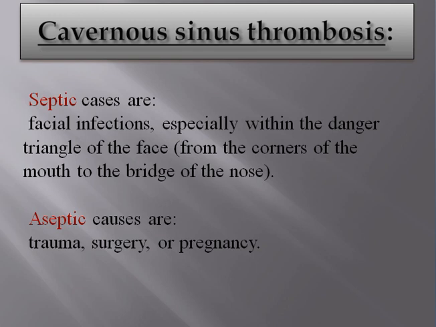Aseptic causes are less common than septic causes, and these include trauma, surgery, or pregnancy. A variety of infectious organisms can cause cavernous sinus thrombosis, although the majority are bacterial. Staphylococcus aureus may account for two-thirds of cases, and methicillin resistance should be considered.